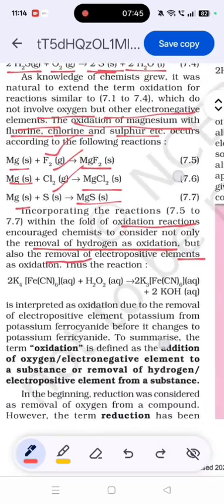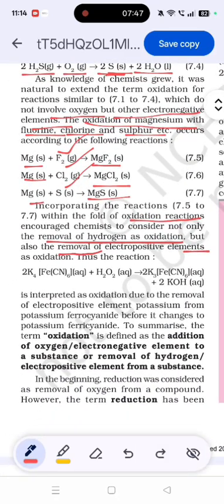Now another reaction. See here, this is potassium ferrocyanide. This potassium ferrocyanide is changed to potassium ferricyanide.